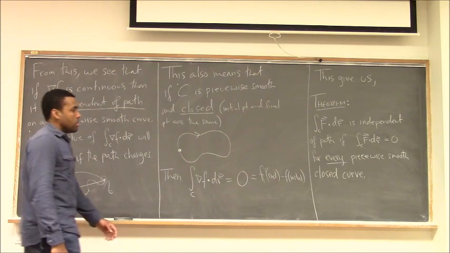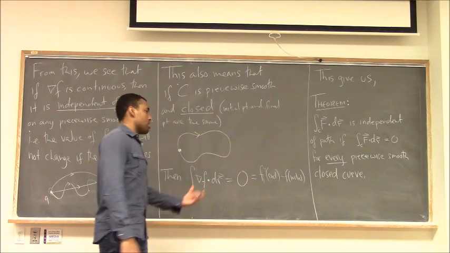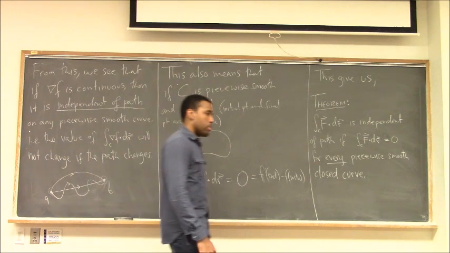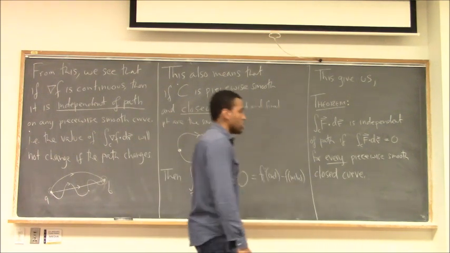So it turns out that whenever this happens, it means that the vector field you're working with is independent of path, if it happens for any smooth curve that you choose.